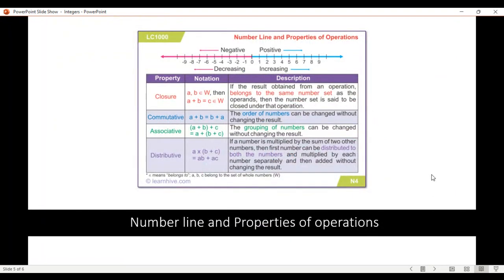So the properties of operations working with negative numbers as well. Just look at this number line. If you look at the number line, we are used to the blue part, which is our positive part. The natural numbers included into the 0 will be our whole numbers. And if we look, these are all equal spaces on the number line.